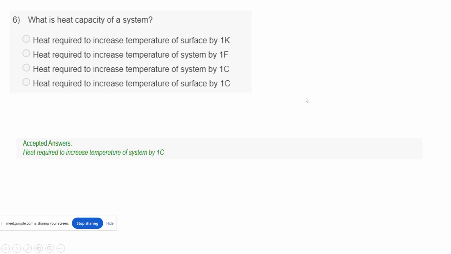Okay, so the correct answer is the third option. Heat required to increase temperature of system by 1 degree Celsius is the heat capacity of a system.